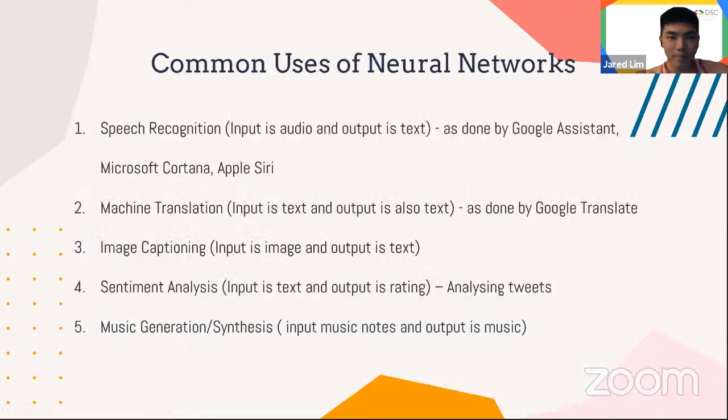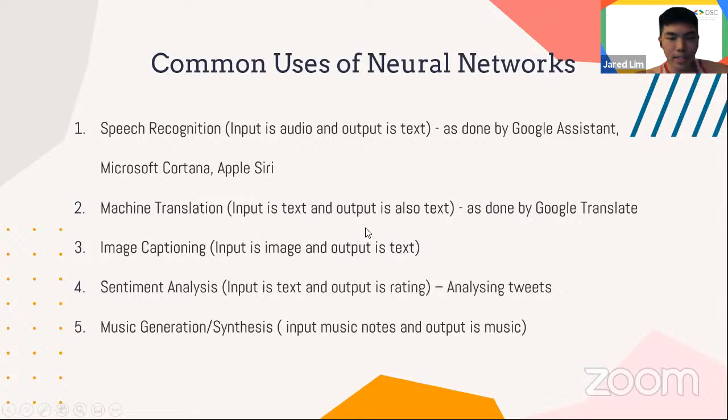So some of the common uses of neural networks or deep learning is speech recognition. In this case, your input is audio and your output is text, as seen commonly in Google Assistant, Cortana, and Apple Siri. Another one is machine translation, like Google Translate. So your input might be English, your output is maybe Bahasa Indonesia. Another one is image captioning.